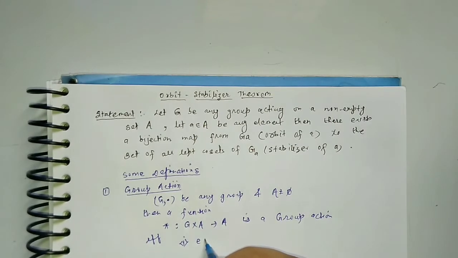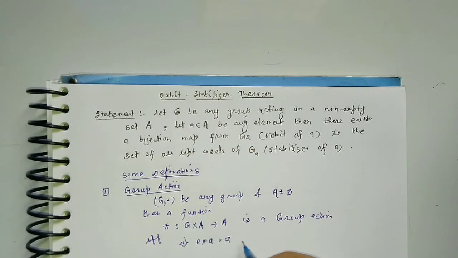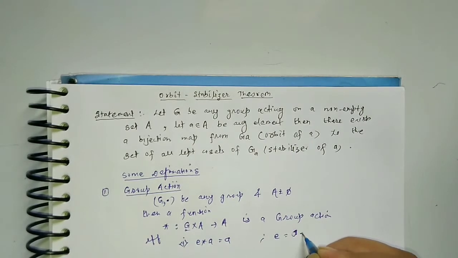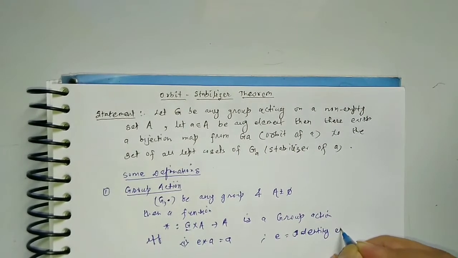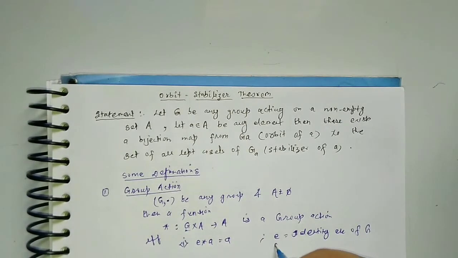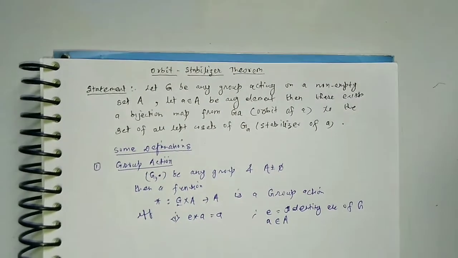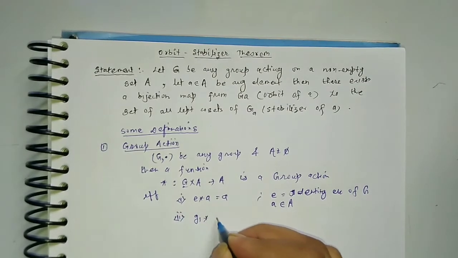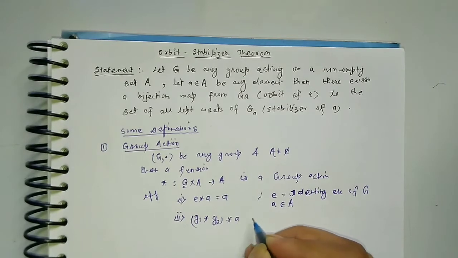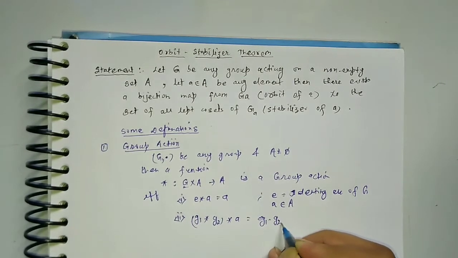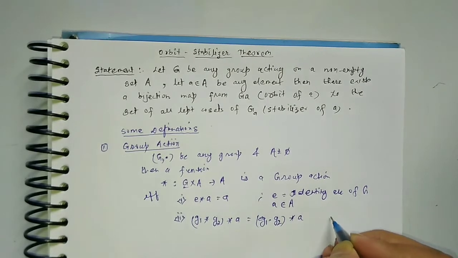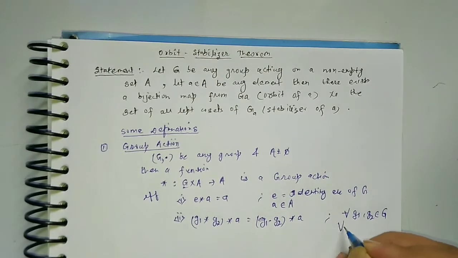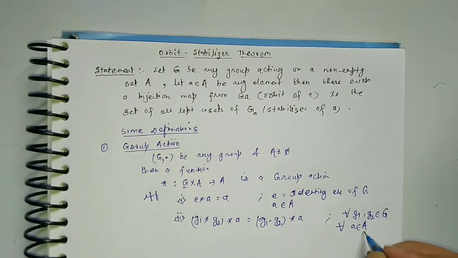The first one is e star a is equal to a, where e is the identity element of group G and a belongs to capital A. And the second property is g1 star g2 star a is equal to g1 dot g2 star a, for all g1, g2 from our group G and for all a belongs to the non-empty set A.